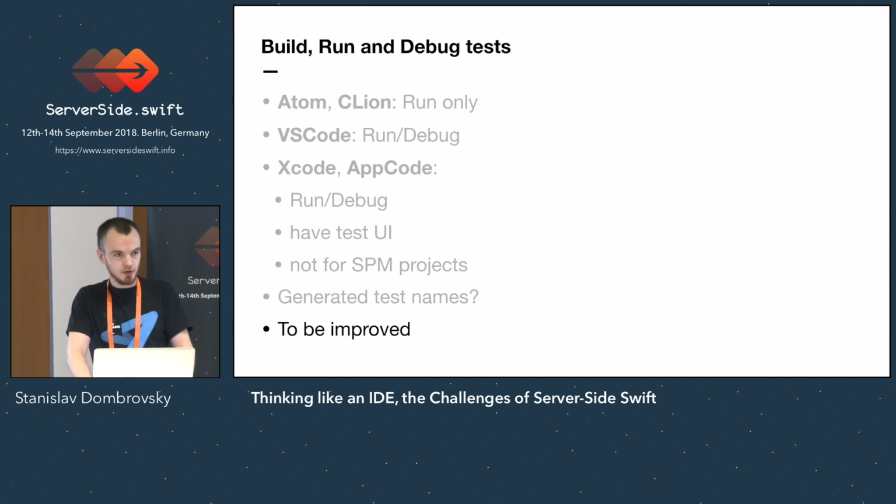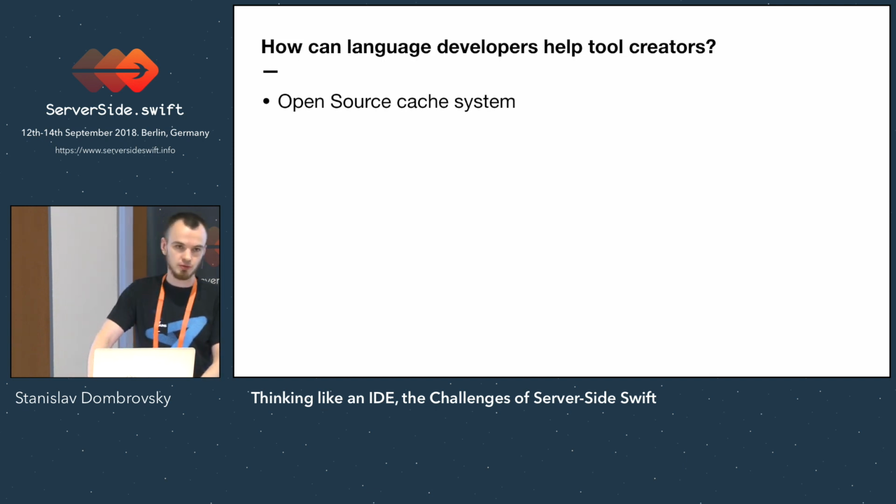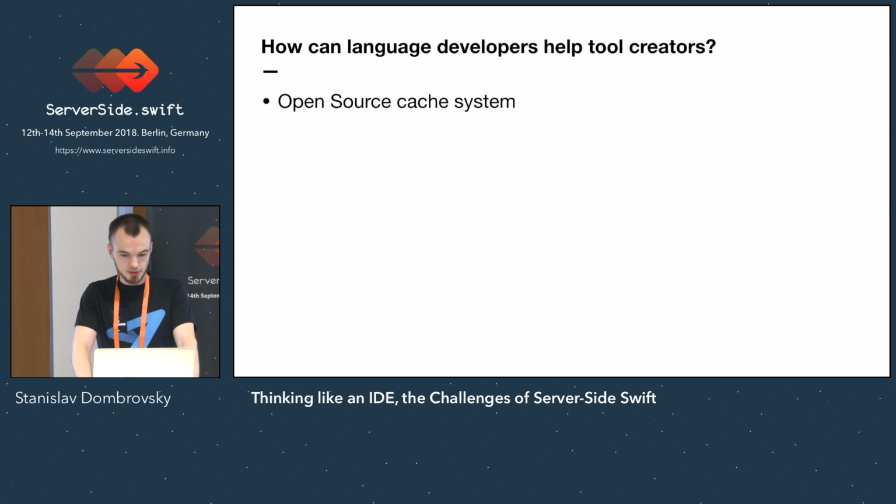And here we can already formulate how, for example, language developers can help us tool creators. So first, it would be great to have an open source cache system working with SourceKit, that has a good integration and an open documentation, because that's critical for making complex code transformations when you're trying to create your own integration for cross-platform Swift.